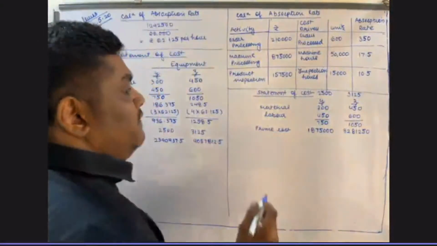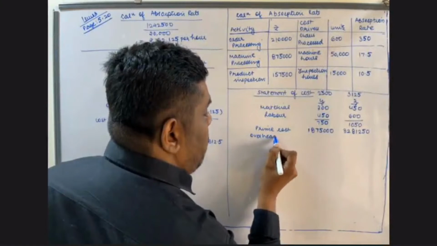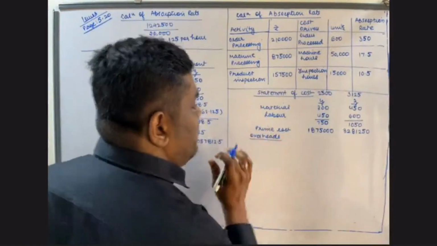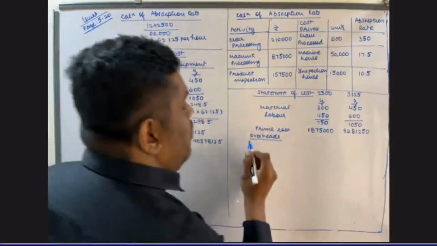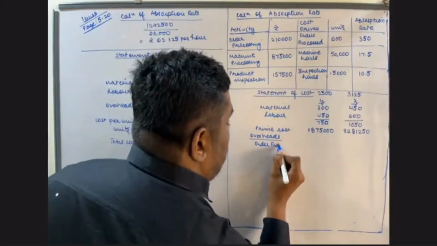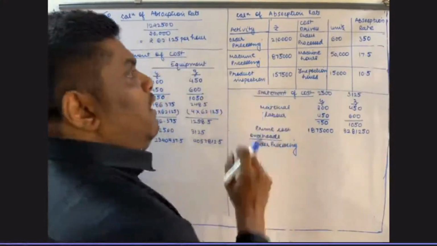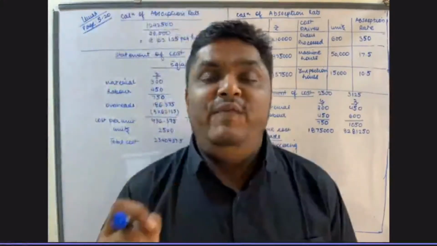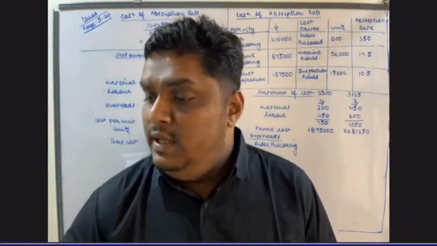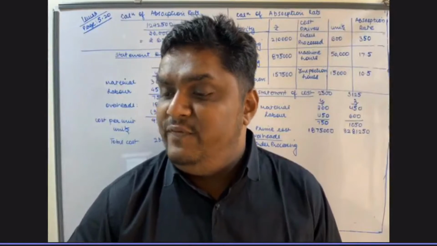So now let's start with the overheads part, wherein the first one is order processing. Now, rupees 350 for every order processed, and herein in this question, the orders processed for Y are 350.